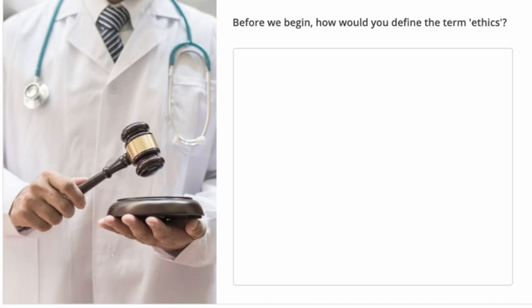What would you say ethics is at this stage? Ethics basically justifies what's morally right and wrong, and it expands to all the fields, one of them being medicine.